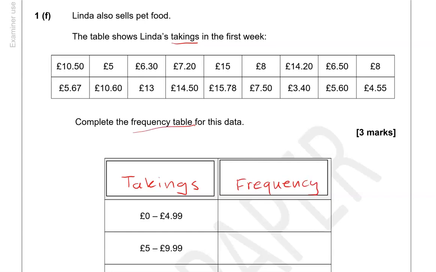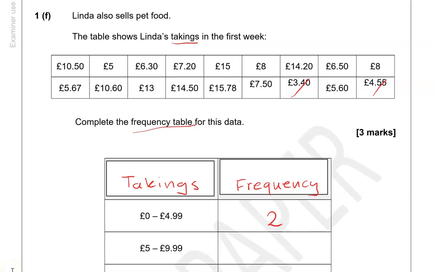That's why it's called a frequency table. So between 0 and 499, let's have a look. We've got 340 and we've got 455, so that's 2 of them.